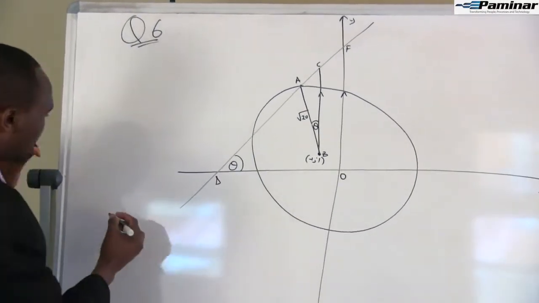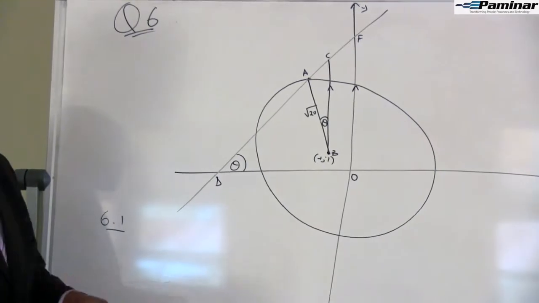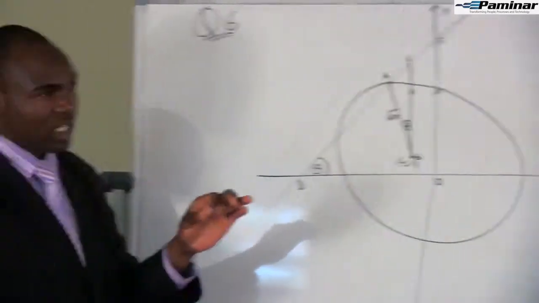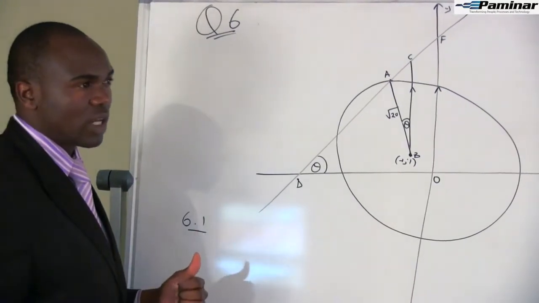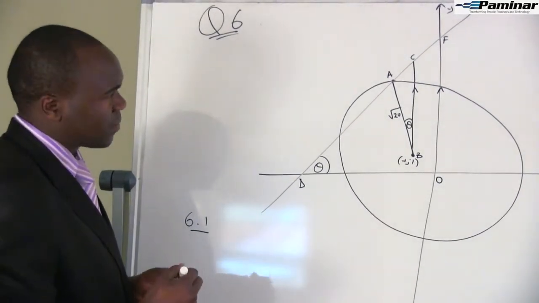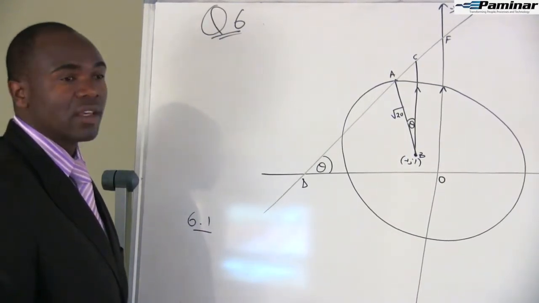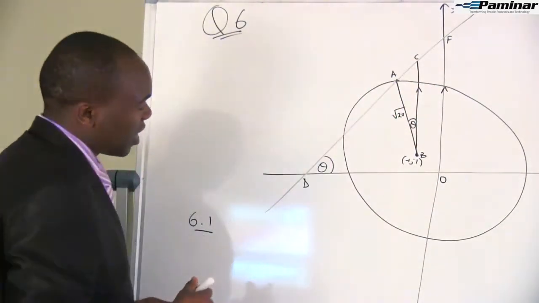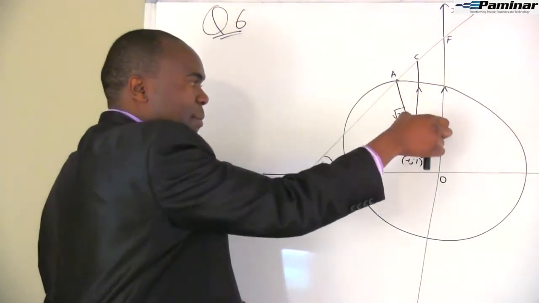But now let's look at what the question says, 6.1. Now they are saying, determine the coordinates of C. That's 6.1, isn't it? Now the coordinates of C, we are to look at the x value and the y value of C. Now what we do here is this. As you can see, these lines are saying they are parallel.